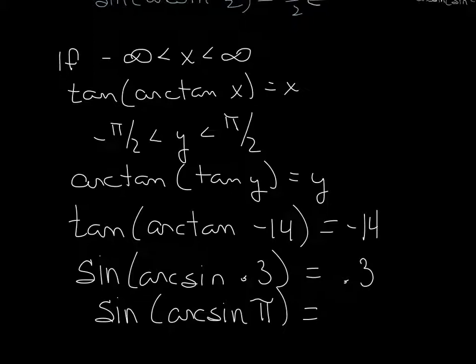Is there any angle whose sine is pi? Isn't it 180? Pi and 180 degrees are congruent angles in radian measure, but can we ever get a value of the sine that's greater than 1? Is pi greater than 1? Yes, so this is no solution.